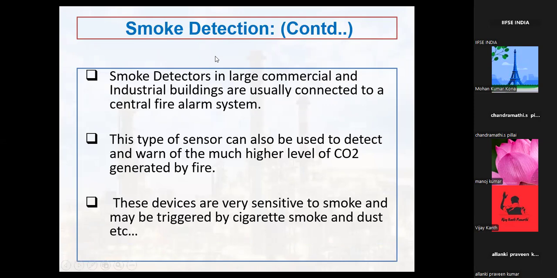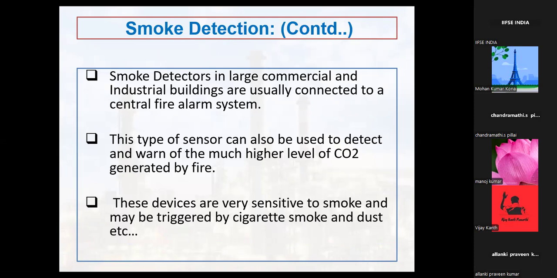Smoke detectors in large commercial and industrial buildings are usually connected to a central fire system. That is what we are talking about, the control panel. These types of sensors can also be used to detect and warn of much higher levels of CO2 generated by fire.